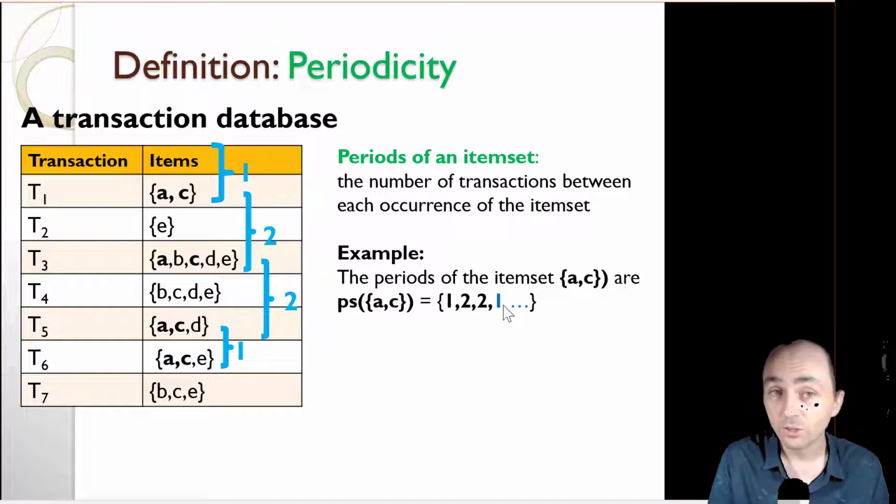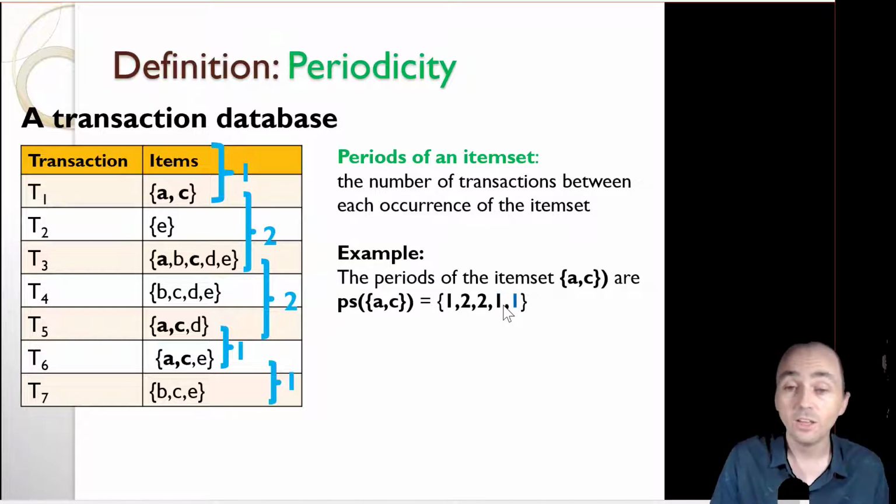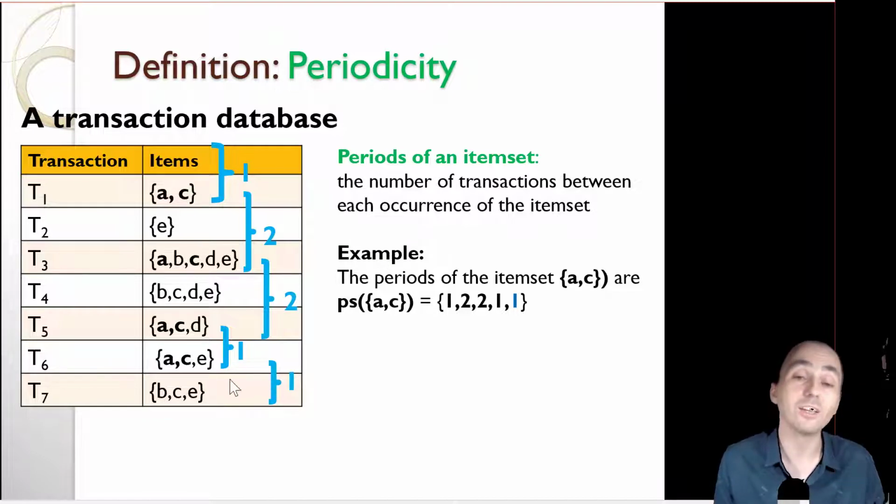And then we don't have AC again, but this is a special case, okay? It is the last time we see AC. So we count AC in T6 and to the last transaction, T7. So 7 minus 6 will give us a 1, okay? So this is again a special case.